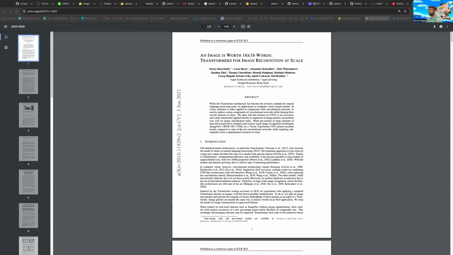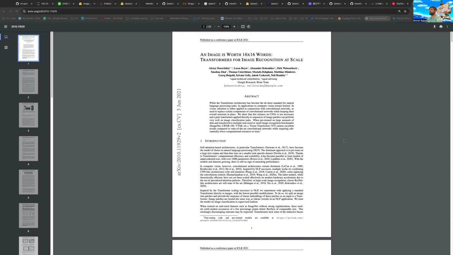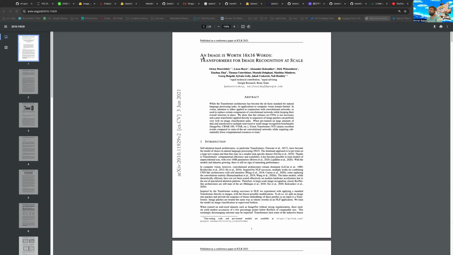So this paper was released in 2021, and the name is An Image is Worth 16x16 Words: Transformers for Image Recognition at Scale.